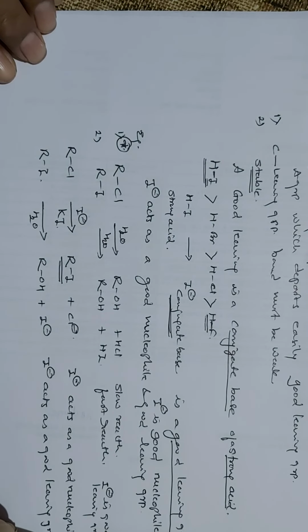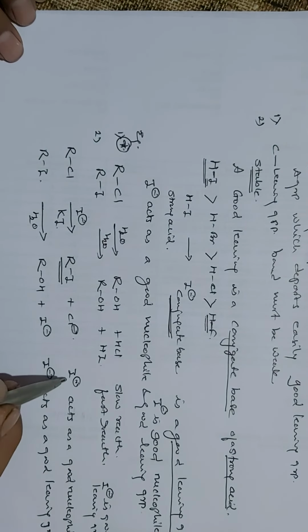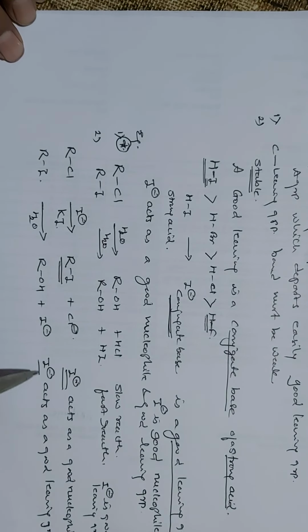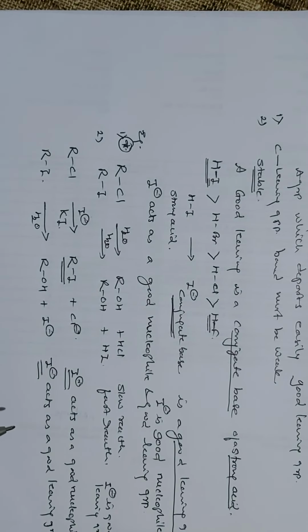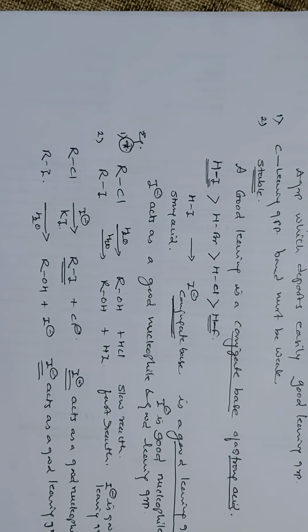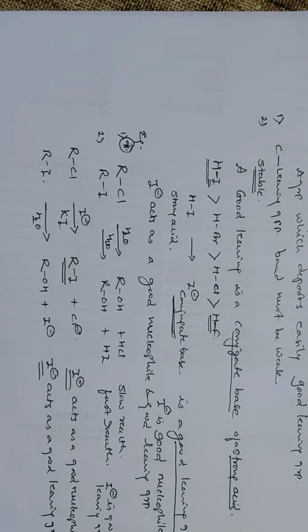In this way I minus can act both as a good nucleophile and as a good leaving group. This is also known as nucleophilic catalysis. So what type of leaving group must be present? I minus is a good leaving group, meaning it is the conjugate base of a strong acid.